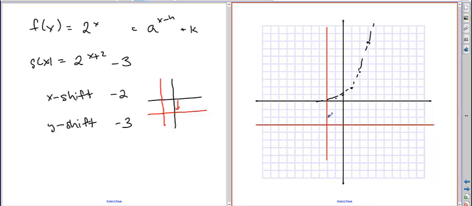So you go 0, 1, 1, 2, 2, 4, 3, 8, and then a half, a quarter, an eighth. That would be your transformed function. This would be g of x, and this would be f of x.